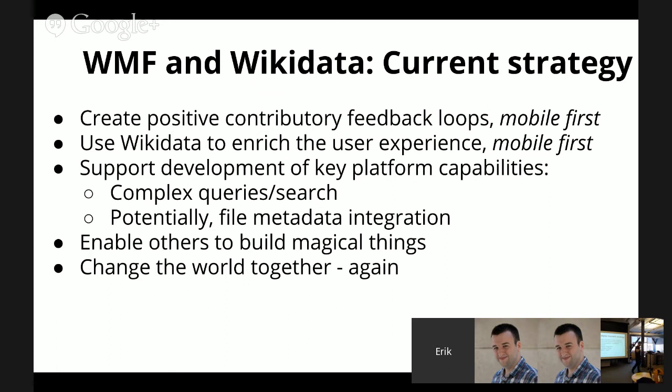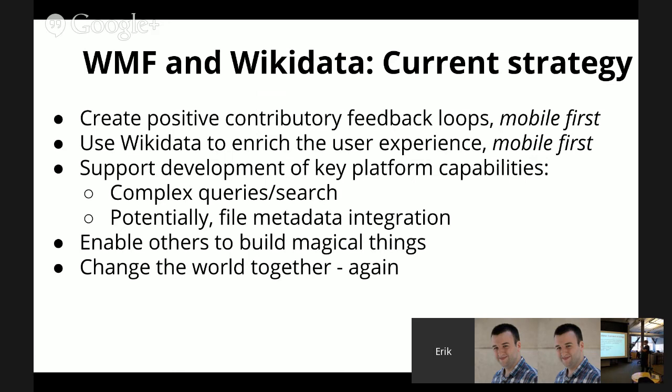Generally speaking, when we build new things, when we build new applications, when we build new contributory funnels, we really have to think about mobile devices first for all the obvious reasons. It's where all the new users are coming. It enables us to build applications that work across screen sizes, across device categories. That doesn't mean mobile only, but right now we're doing mobile-first work in this area. So we're going to talk a little bit about these two areas of work and what we're doing.